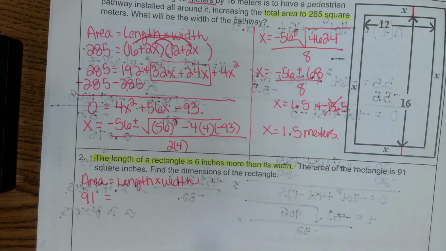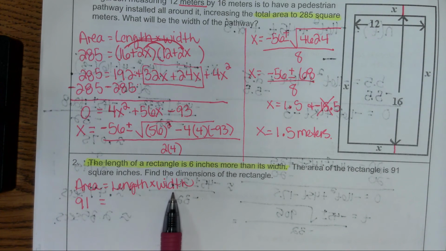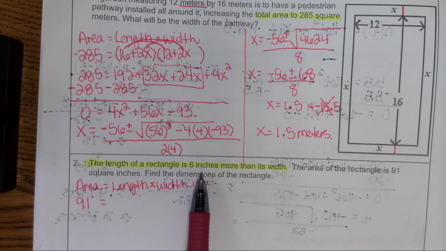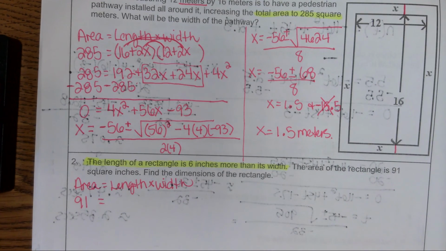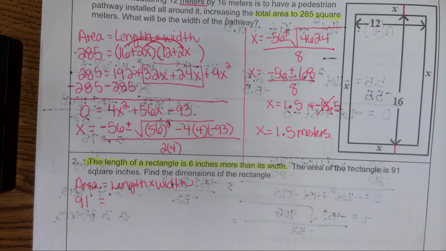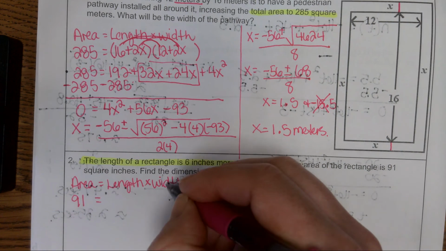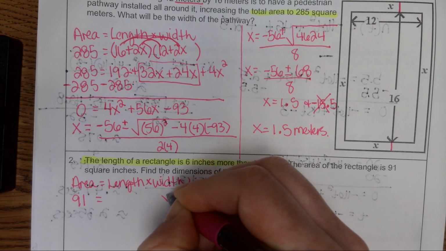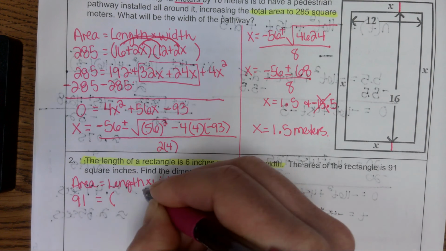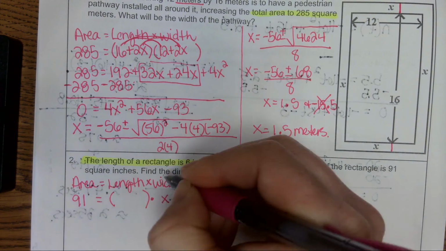So you can call the width W if you want, or you can call the width X if you want. How would I write 6 more than its width then? 6 plus X. So we're going to make the width X. I'm going to put the X down there. And in parentheses, I'm going to make the length 6 plus X.